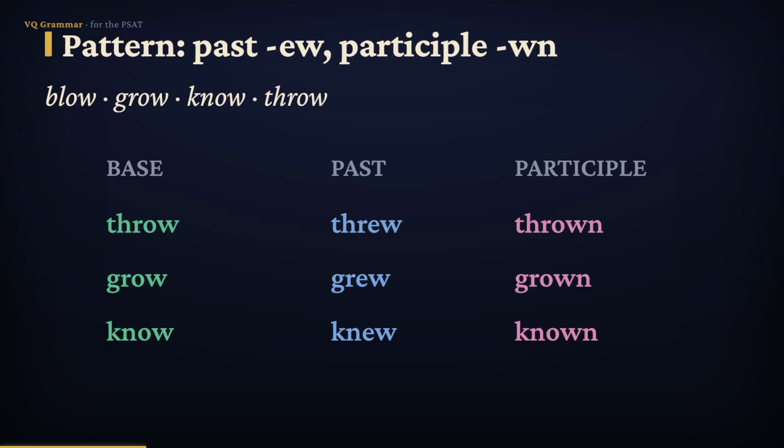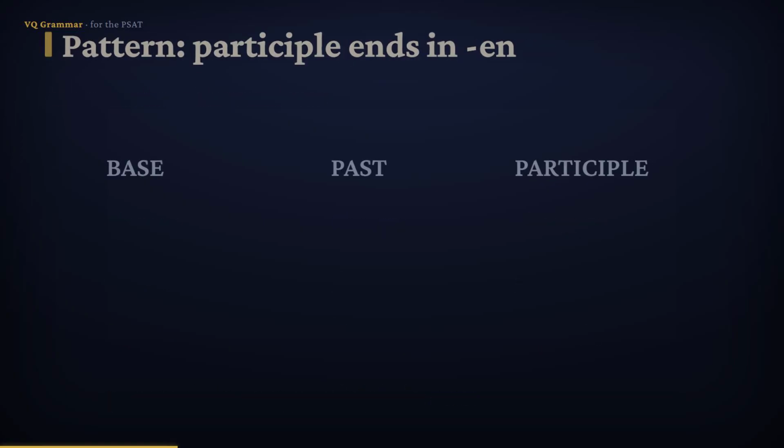Draw, drew, drawn. And fly, flew, flown. Hear that rhythm? The past gets that EW sound, then the participle adds an N. Past in EW, participle in WN.